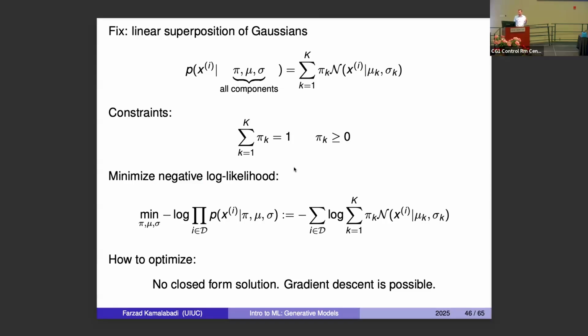We have a linear superposition of Gaussians. So the simple example of a single Gaussian that I showed you, we have to add one complexity to it. Instead of just one Gaussian, we have k Gaussians, okay? And of course, if we're going to add them up, they each have their own mean and variance, but there's also the question of energy. Which one of them contributes more when you sum them all together?